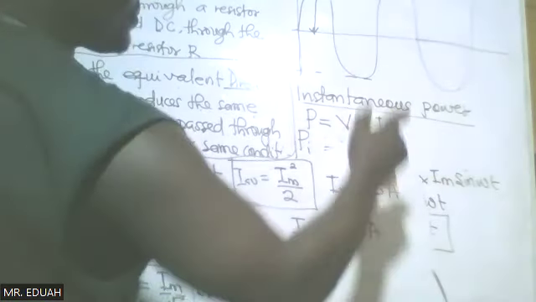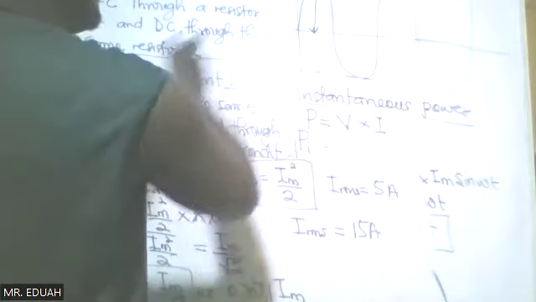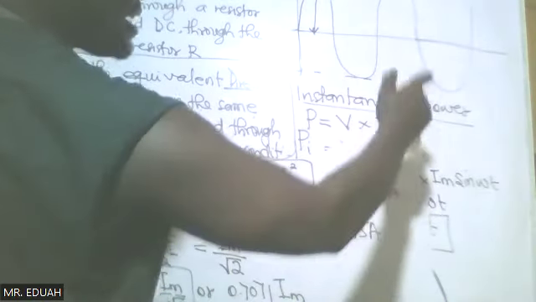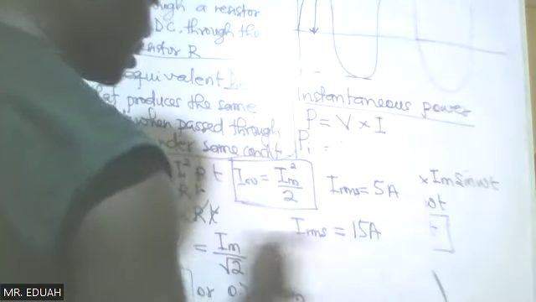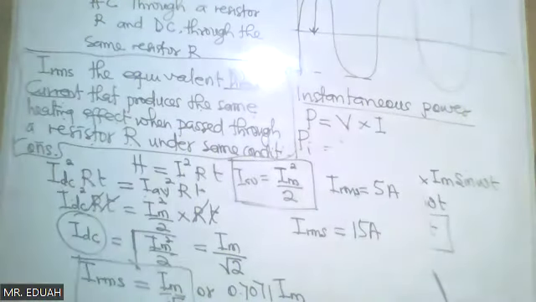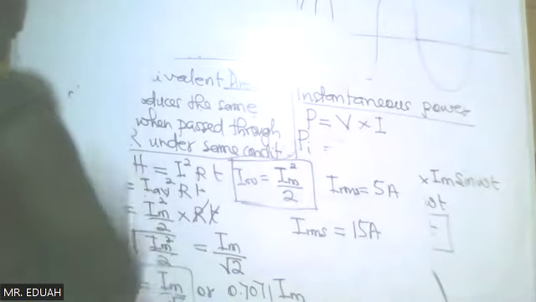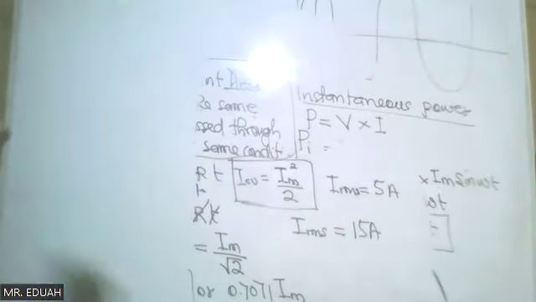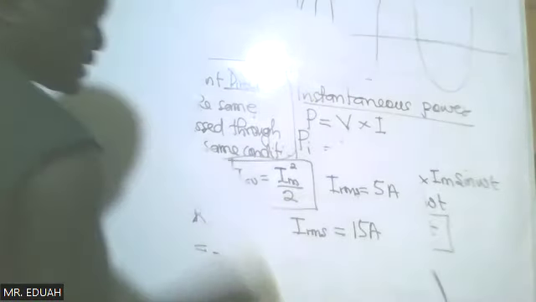Now we look at when AC is passed through some components, such as a resistor, a capacitor, an inductor. What happens? When you have circuit components such as a resistor, capacitor, and an inductor, and you pass alternating current through them, what happens?